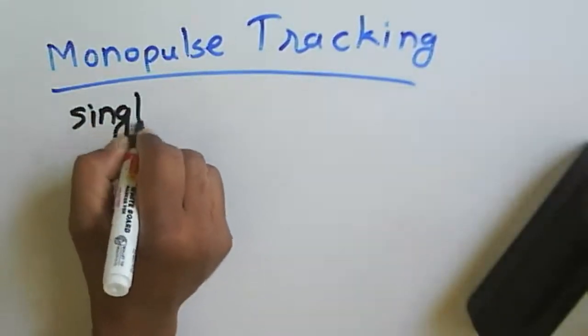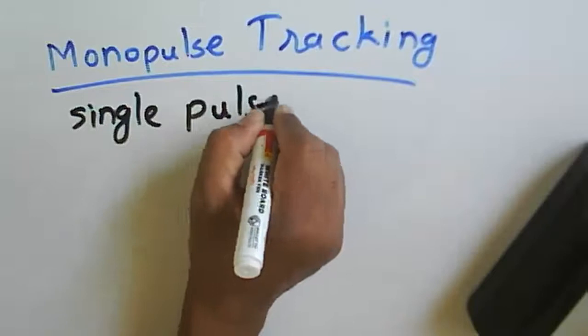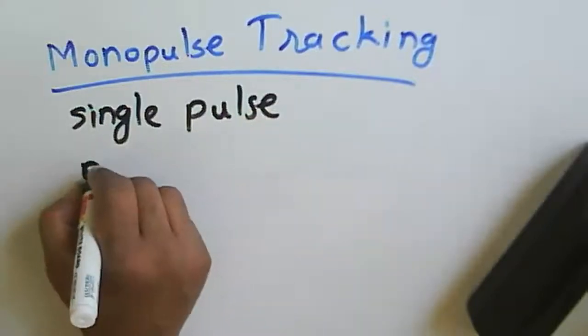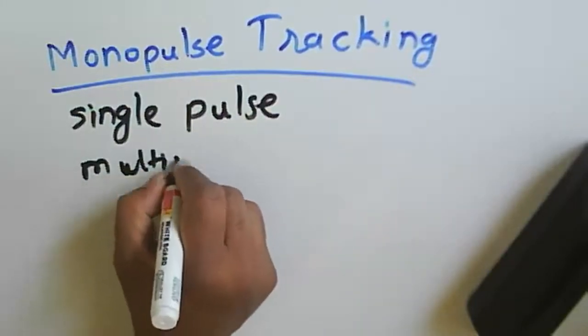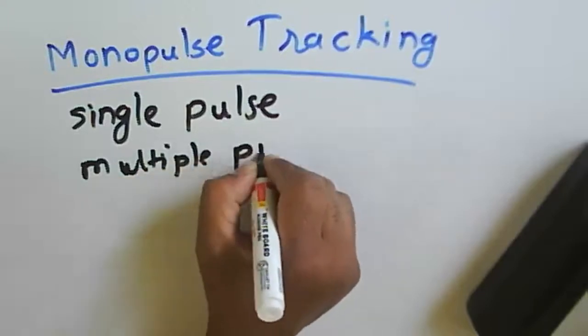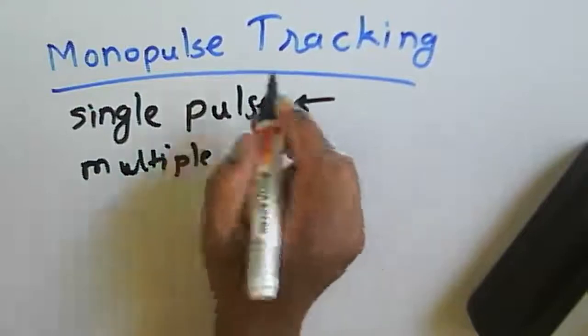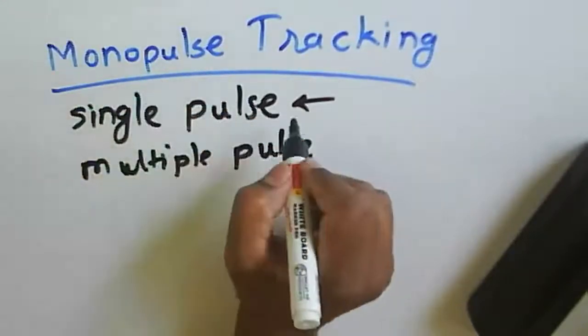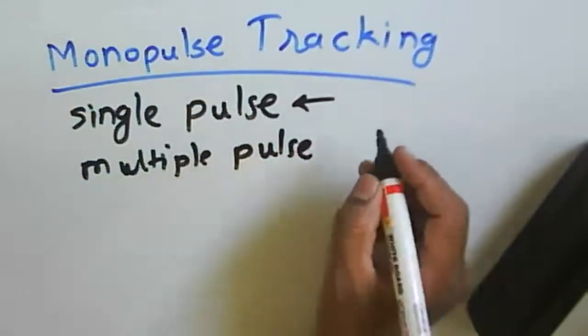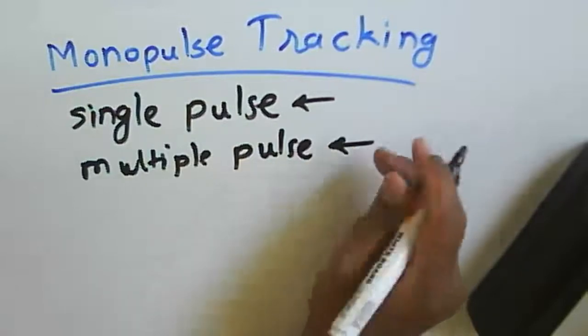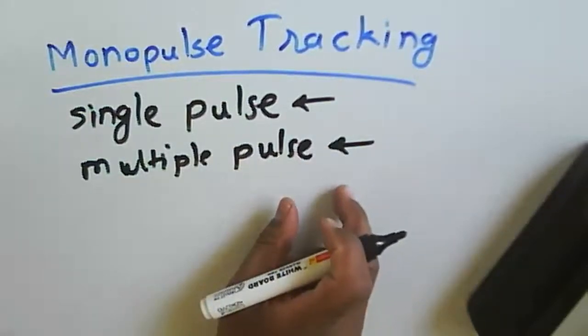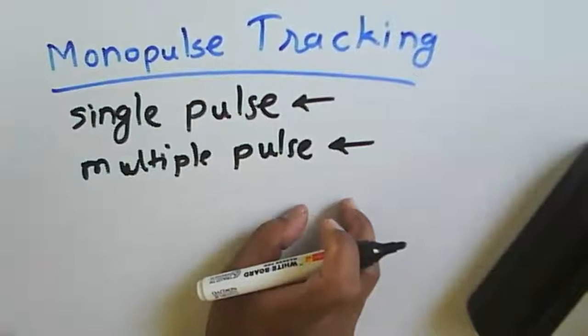So angle measurement is to be done instead of with a single pulse. Single pulse tracking means a single pulse is sent, but in a practical case, multiple pulses are sent, and through that we can do the measurement.